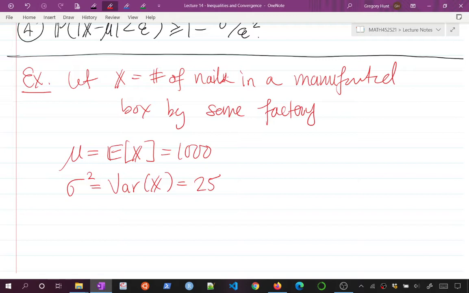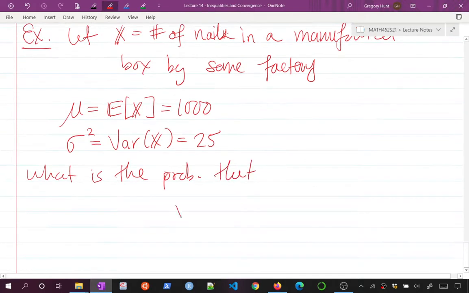And I could ask a question. I don't know anything about the distribution of these, but here's a question. What is the probability that the number of nails that actually end up in my box is between 994 and 1,006?